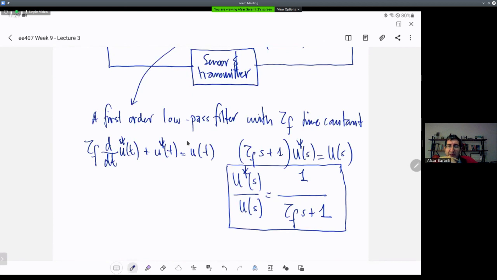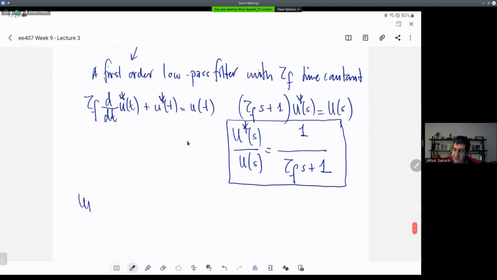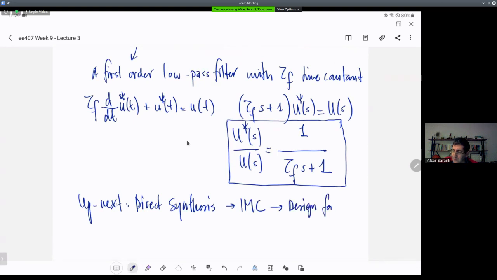But in order to do that, we will have to do quite a bit of work, including a concept called direct synthesis. Okay, so up next is direct synthesis, and later we will go to internal model control, and we will go to design formulas.